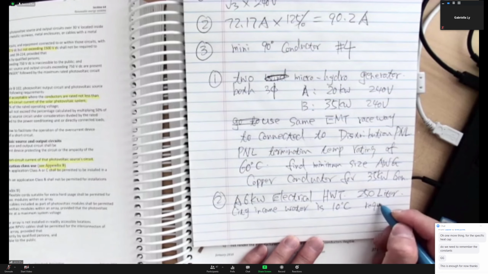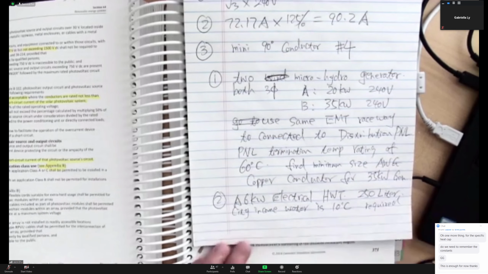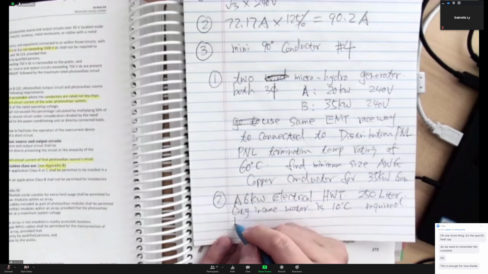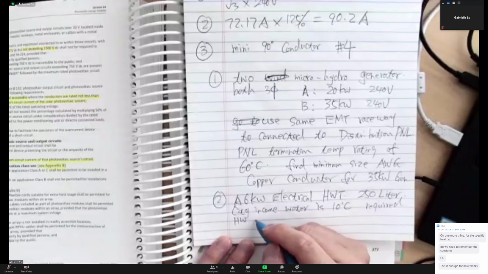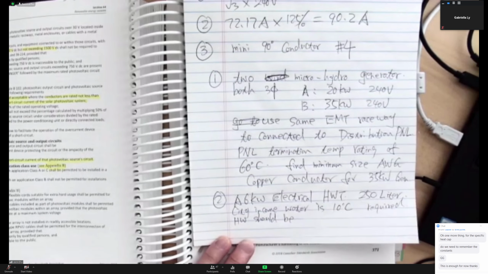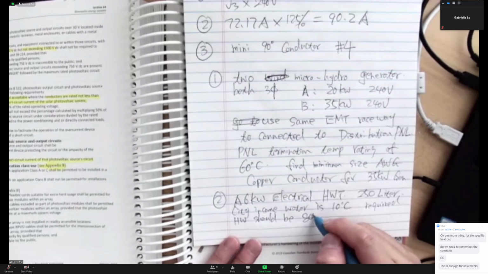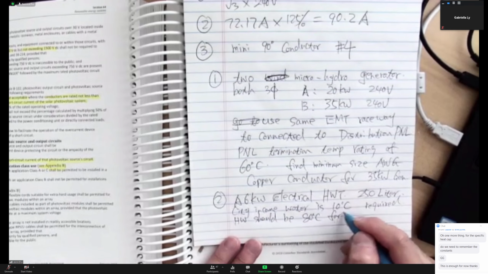The required hot water should be 80 degrees for the process.